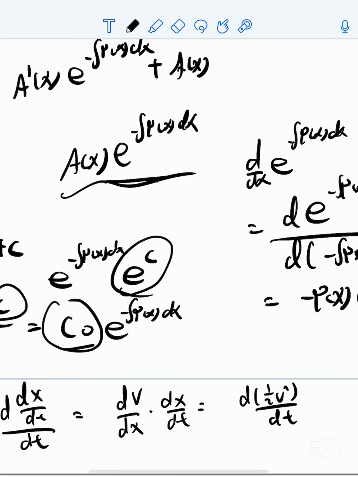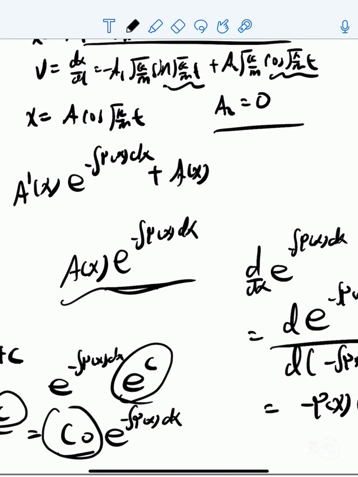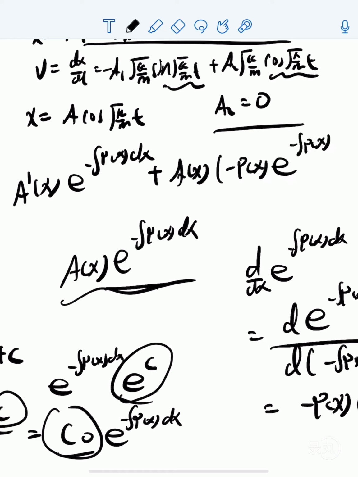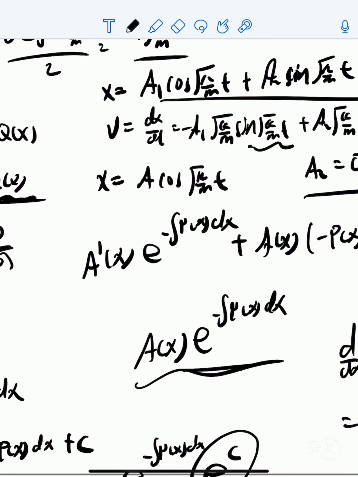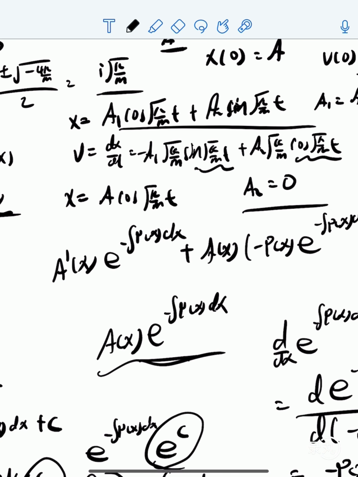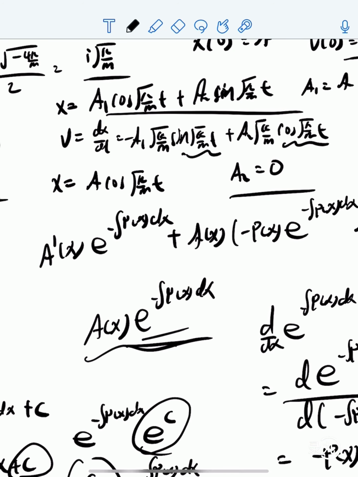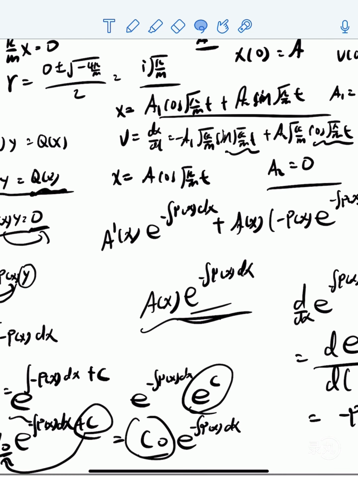So this term is equal to negative p(x) a(x) e^(negative integral of p(x) dx), plus the rest of the terms, which are p(x) a(x) e^(negative integral of p(x) dx), and this is equal to q. Let me erase this part.